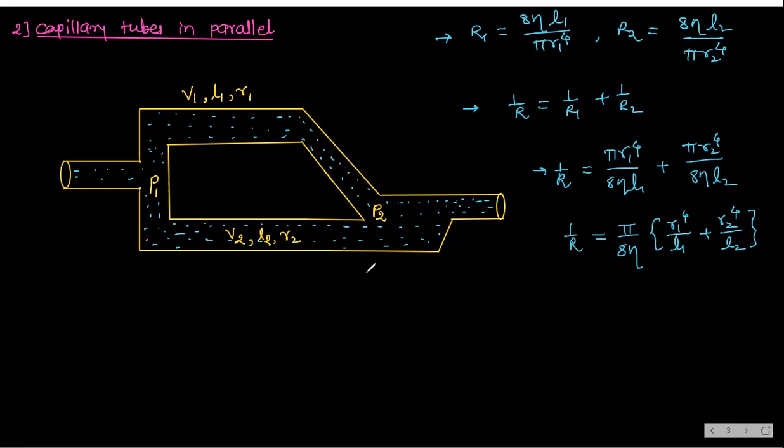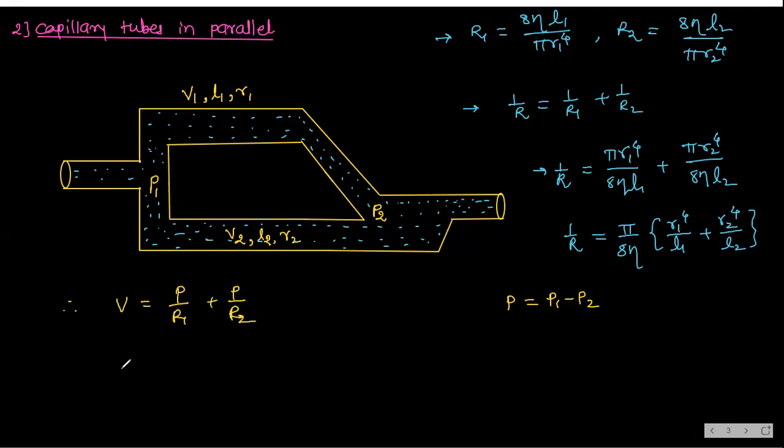And now this is the 1 by R value we got. Here P is equal to P1 minus P2, and therefore volume per unit second is equal to P by R1 plus P by R2.